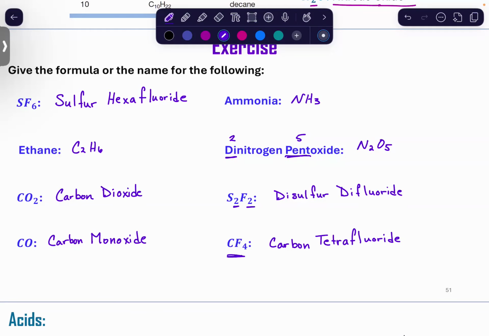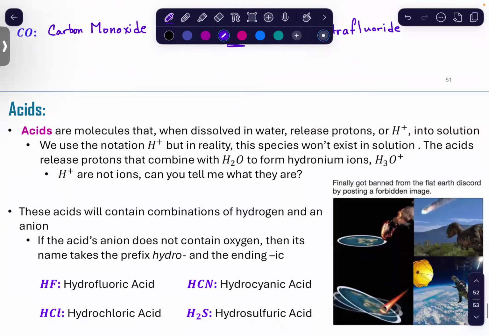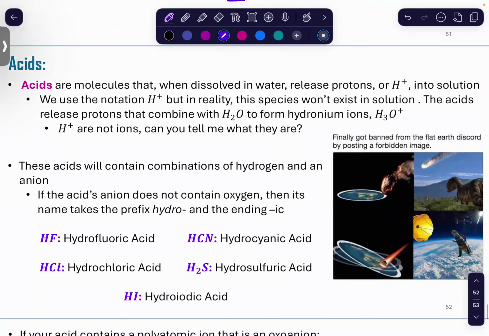All right, we'll finish up this chapter with acids. So acids are molecules that we'll use this definition for now. This is going to be your primary definition of an acid. When you put them in solution, they're going to leave protons in solution. Now, keep in mind in chemistry, we designate a proton as H plus.